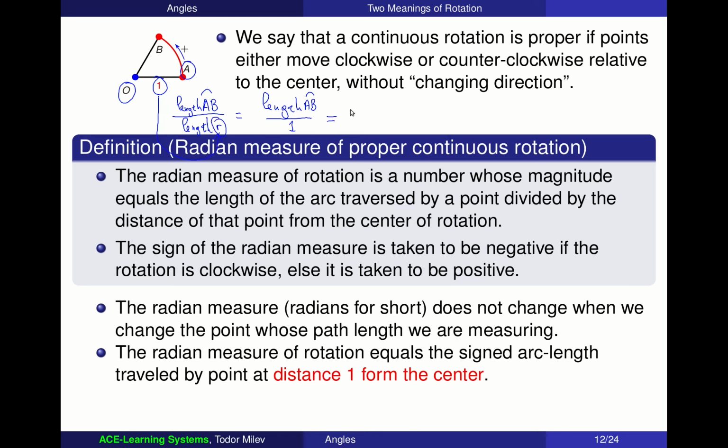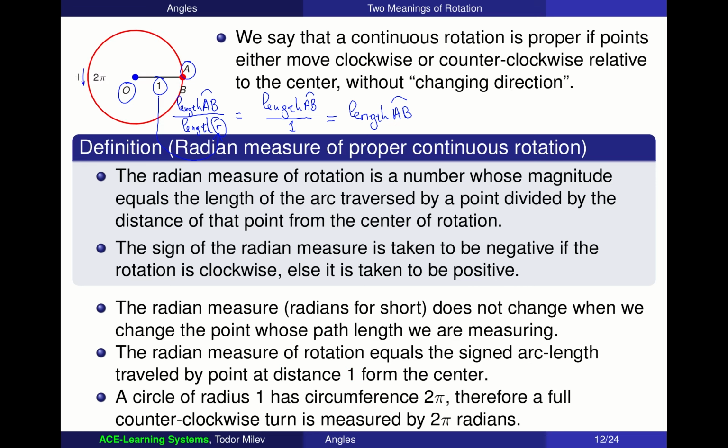So when we divide something by 1, we're getting simply the length of the arc AB without the units. The units have cancelled. So here I've omitted the units, but if there were units, I would be cancelling the units here.